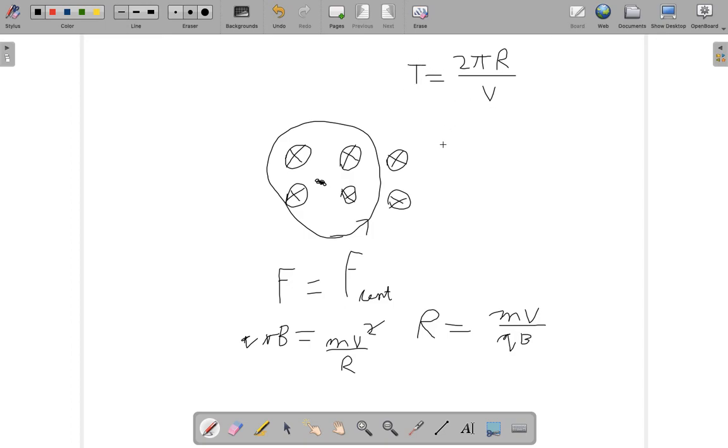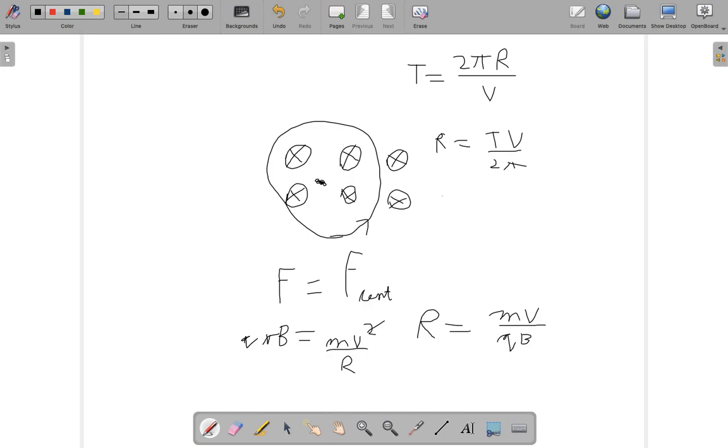Now if I rearrange this equation to get it in terms of r, r equals Tv over 2 pi. So now let's bring this back over here.